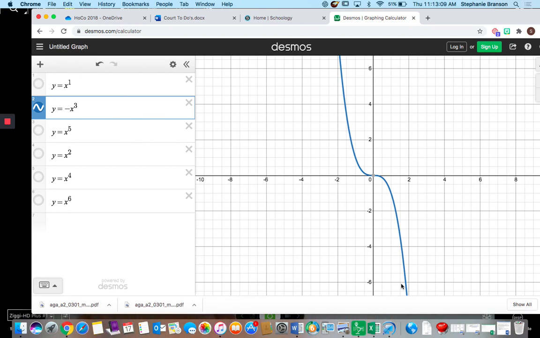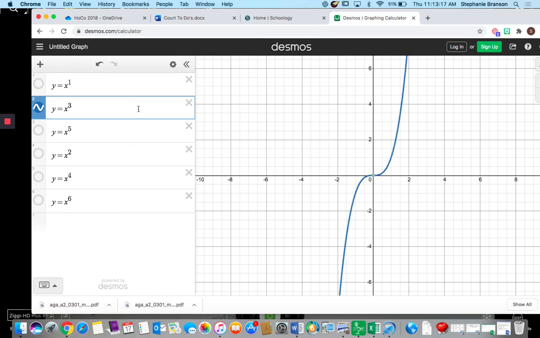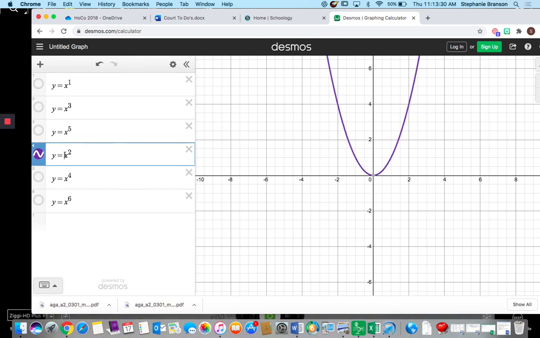All right, if your degree is even and positive, and we looked at one of those earlier, even and positive, we start up, and which direction does our graph end? Up. What do you think is going to happen if I change this to a negative?